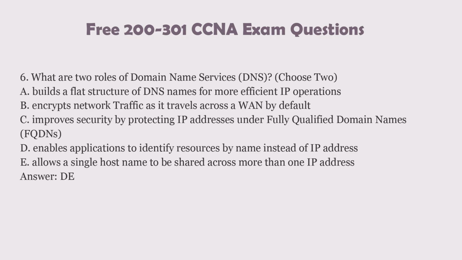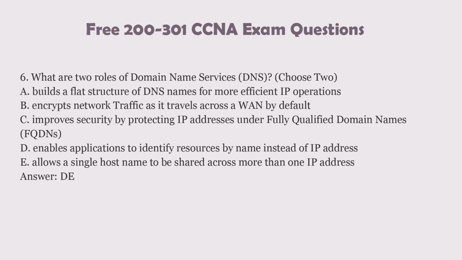6. What are 2 roles of domain name services, DNS? Choose 2. A. Builds a flat structure of DNS names for more efficient IP operations. B. Encrypts network traffic as it travels across a WAN by default.